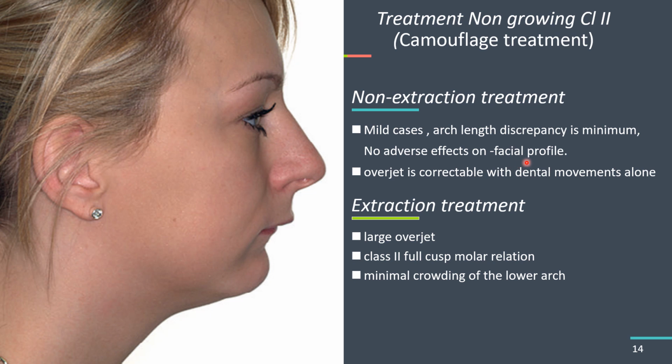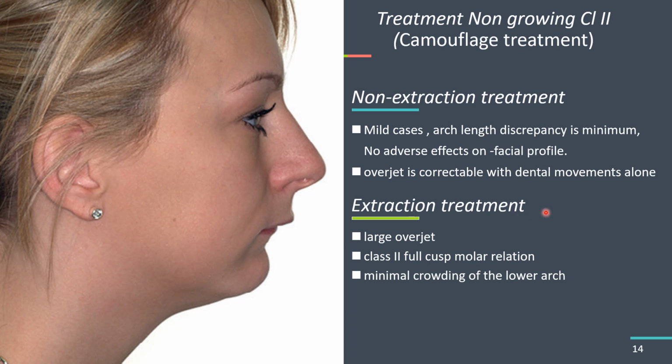That means the facial profile is not affected when the mandibular incisors or mandibular teeth are proclined anteriorly and the maxillary teeth are retroclined. In addition, the overjet can be corrected by the movement of the teeth only, with no need for skeletal correction, only dentoalveolar correction.